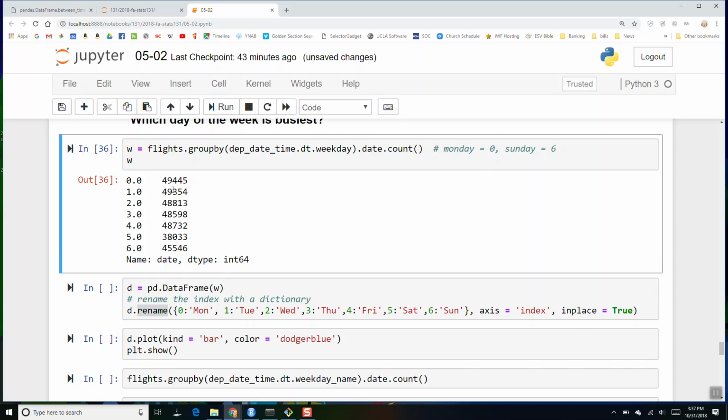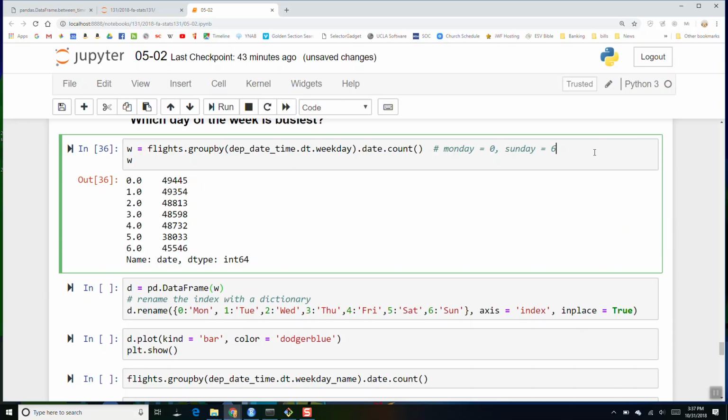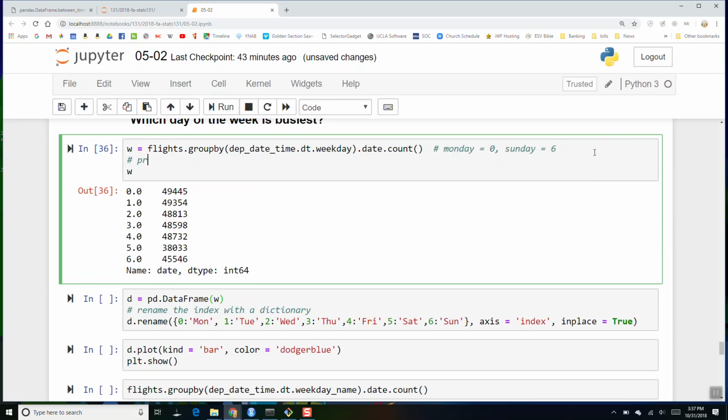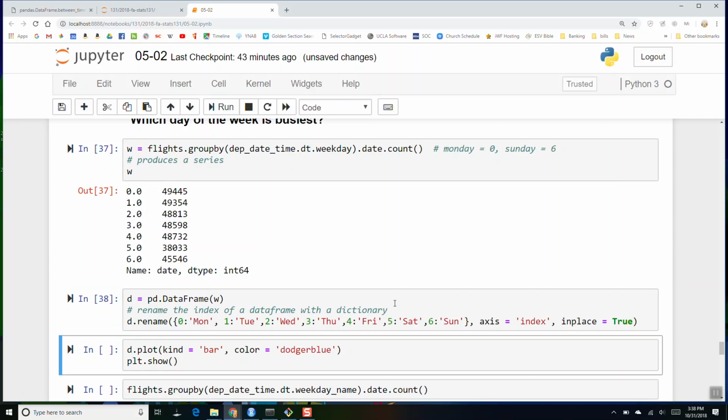here this produces a series. And then over here, we feed it into a data frame, and then in the data frame we rename the index with a dictionary.